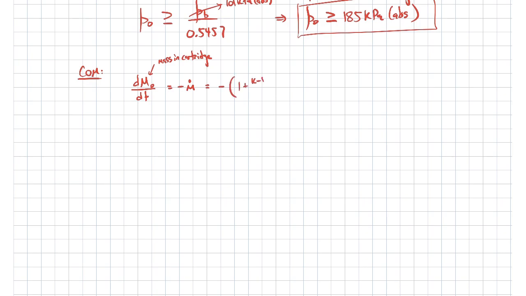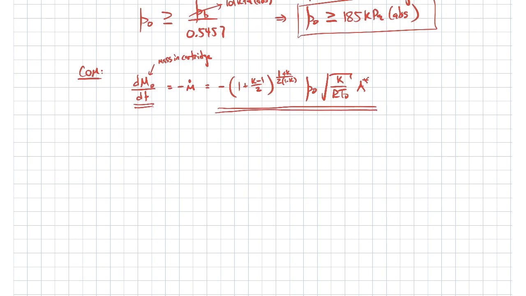So this is this expression that we'd already written down. I'll write it down again. Okay, so that's our expression for how the mass inside the cartridge changes with time.